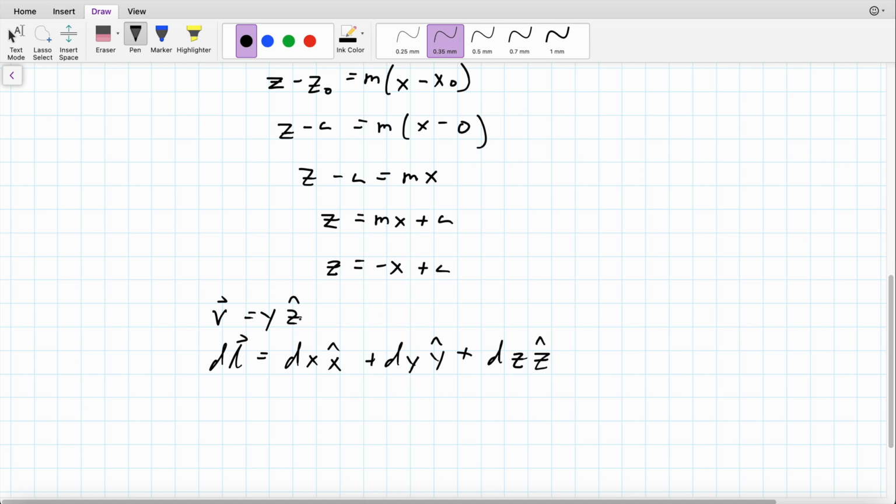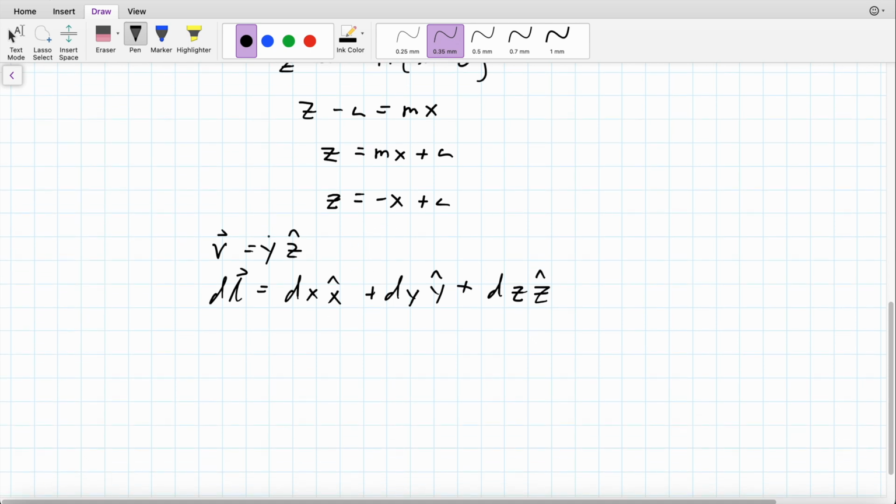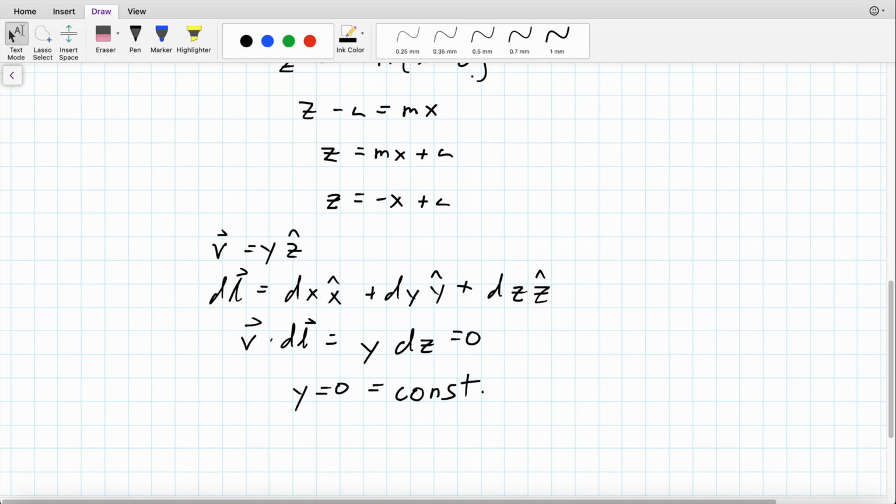And dotting these together, the only thing I'm going to get back out is y dz. Okay? And this is equal to 0. So y is equal to 0. y is constant. Okay, moving on to the next one.